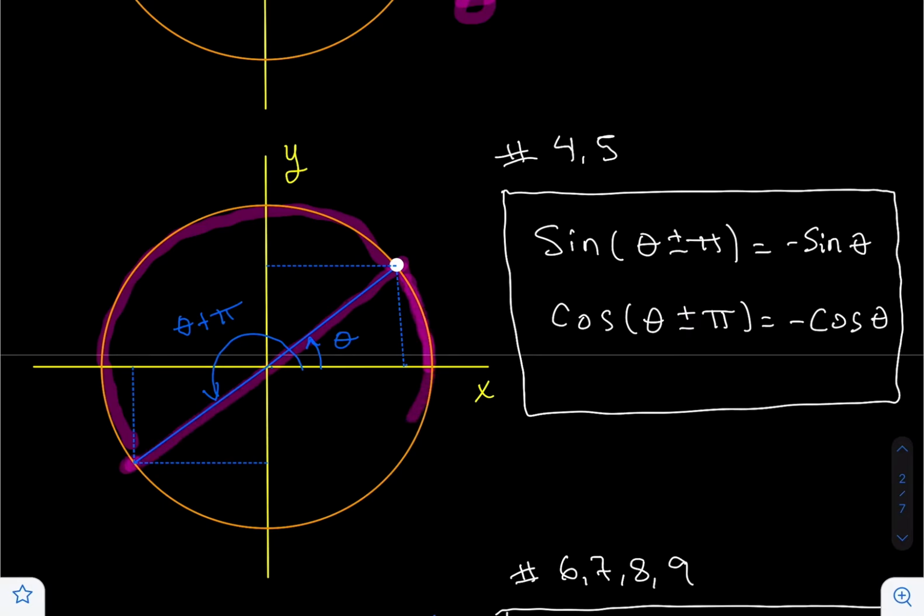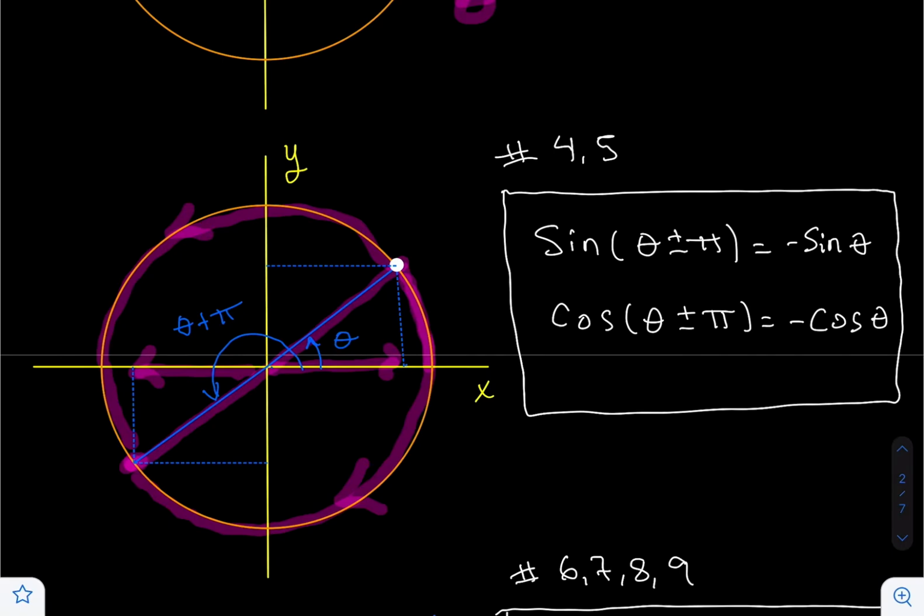And minus pi would give you the same thing in this direction. What you'll notice is this new point right there, its x and y coordinates are the same in length, except reversed in polarity. So this one is a plus sign, this one's a minus sign, but the length is the same.